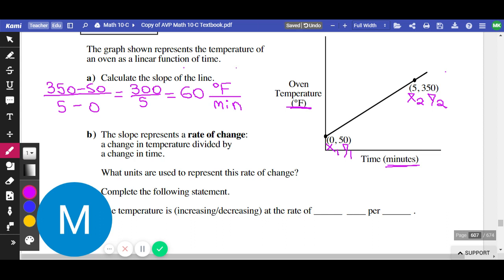My slope of 60 represents how many degrees Fahrenheit I increase every minute. That's what it represents. Okay? Degrees Fahrenheit for every minute changed. It makes sense, right? Your temperature is going to go up as the oven heats up.